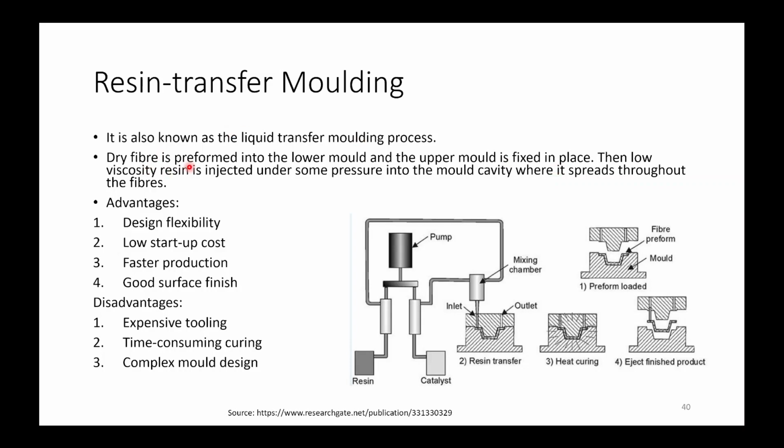Then low viscosity resin is injected under some pressure into the mold cavity where it spreads throughout the fibers. Now its advantages are design flexibility, low startup cost, faster production and good surface finish.